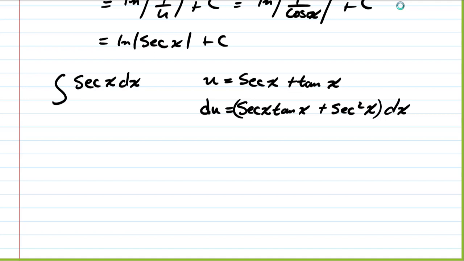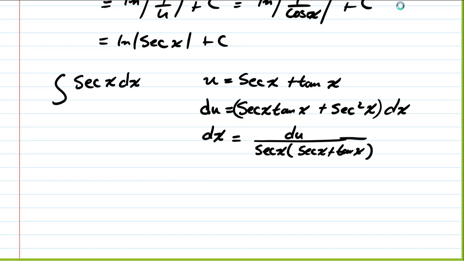So then we solve for dx, and we get dx is equal to du. And we have a common factor of secant there, so I'm going to factor that out. Secant x, and then that leaves a secant x plus tangent x. And secant x plus tangent x, oh, well, that's u, right?